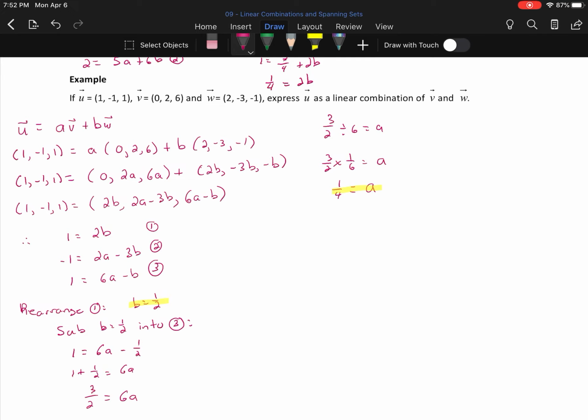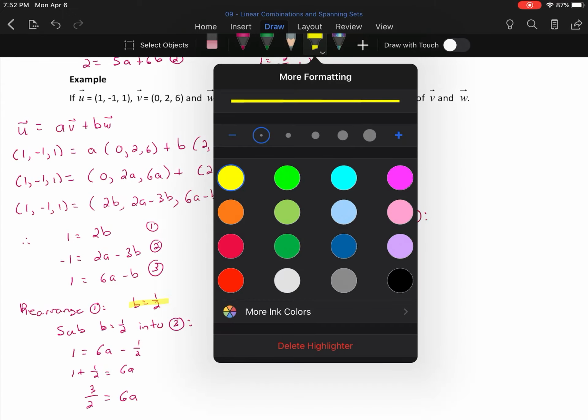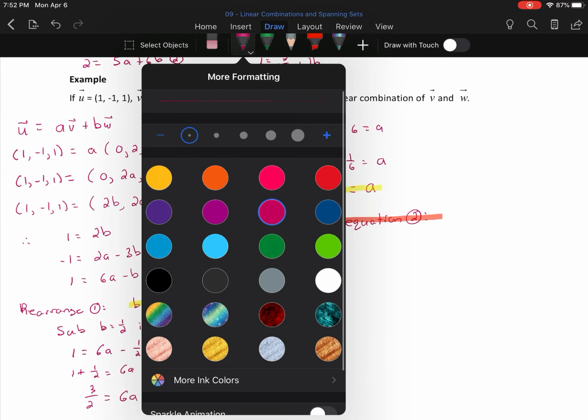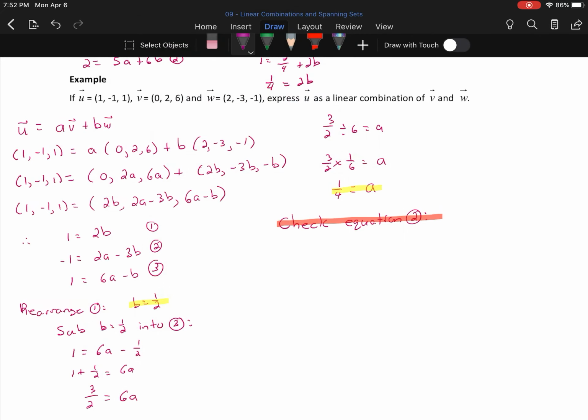In fact, that will work with equations 1 and 3. That's a solution to equations 1 and 3. My job to make sure this all works is to check equation 2. And I got to tell you, as soon as I finish writing this, I'm going to get the red highlighter out to say this is an important step in all of this. Is to say, okay, I think I've got a solution here.